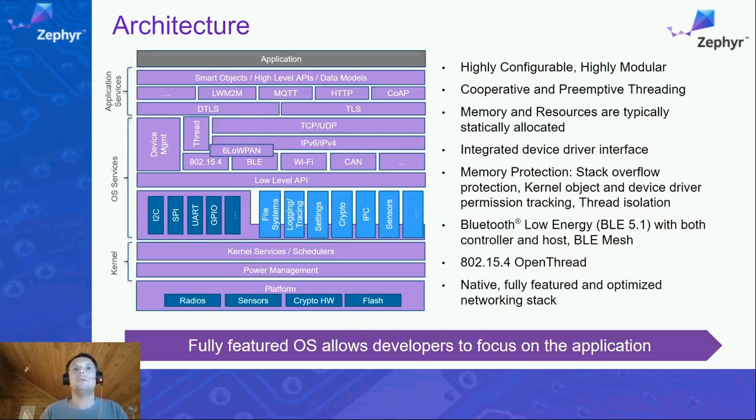We don't use malloc or dynamic allocation of any kind. There's also memory protection, stack overflow protection, kernel and device driver permission tracking, thread isolation. There's support for Bluetooth Low Energy with both controller and host. There's OpenThread integration with support for 15.4 and also a native networking stack. So there's a lot there to go through.